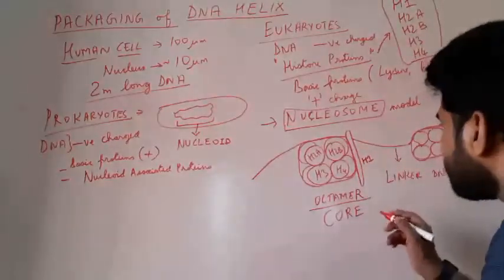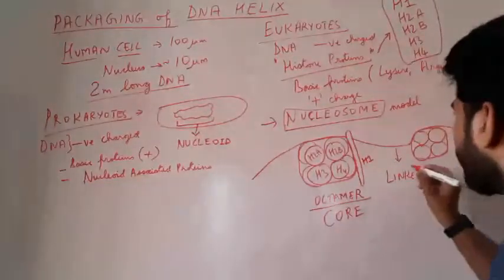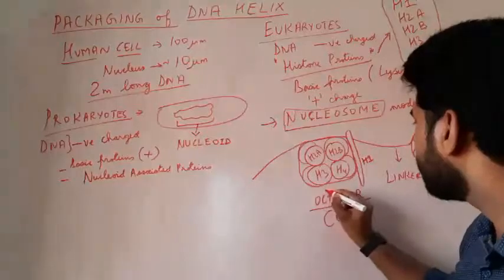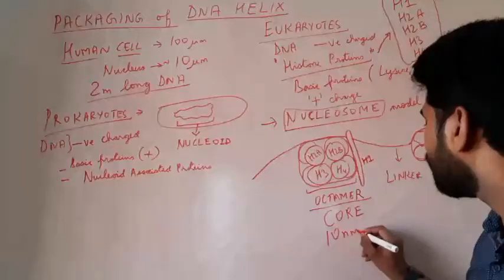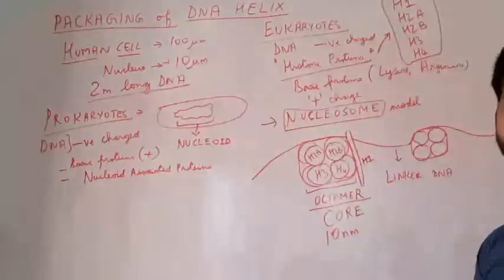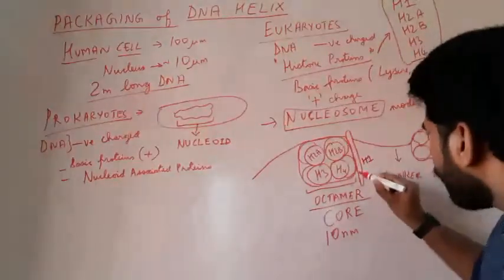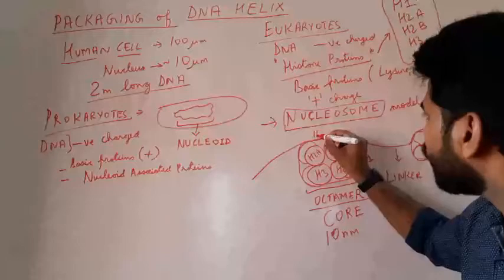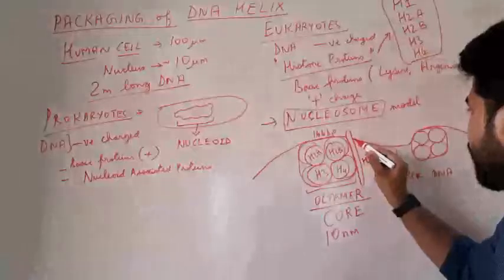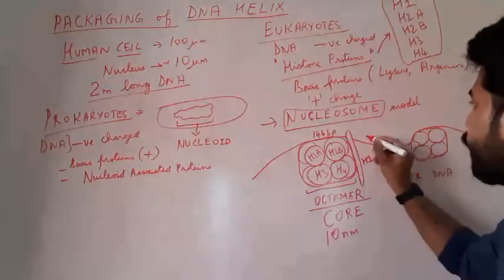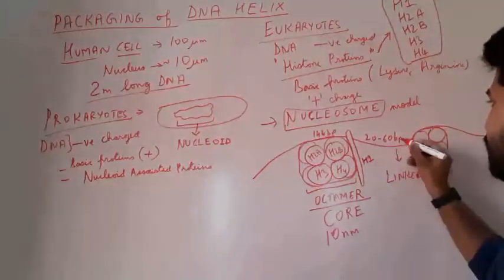If you look at the size of the nucleosome, the diameter of it is around 10 to 11 nanometer, and the length of DNA that is wrapped around the octamer core is around 146 base pairs, and the length of the linker DNA can vary from 20 base pairs to 60 base pairs.